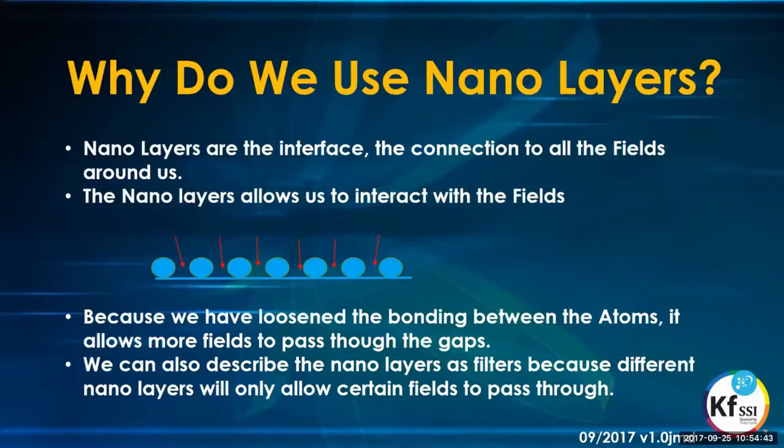And we can also describe the nano layers as filters, because different nano layers will only allow certain fields to pass through. When we begin to understand how to really start making different nano layers for different purposes, you'll be able to see that they act as certain filters, and so if we only want a certain amount of a certain type of fields coming through, that's what we'll create, so that only those fields come through.